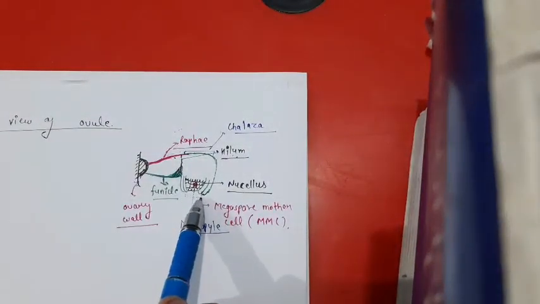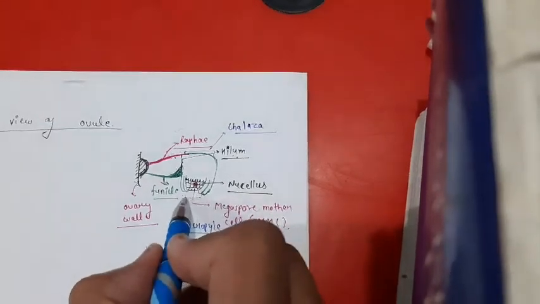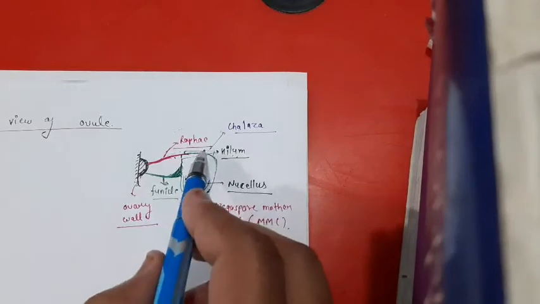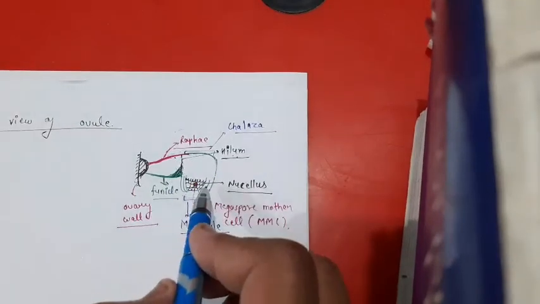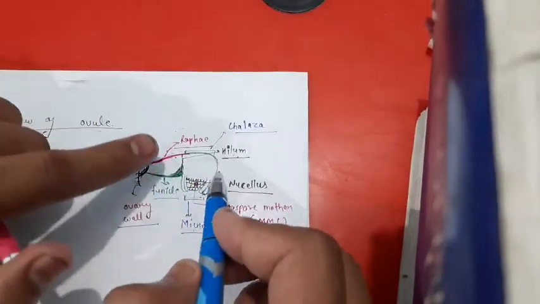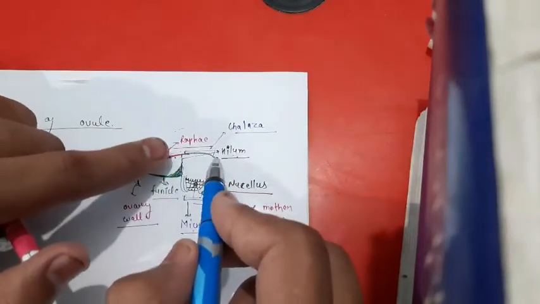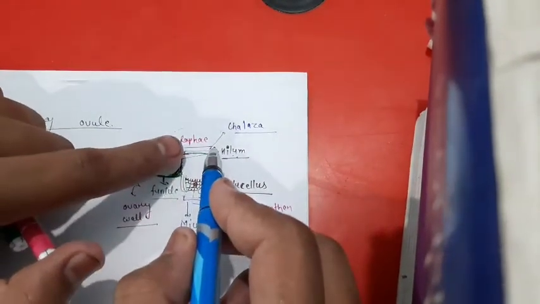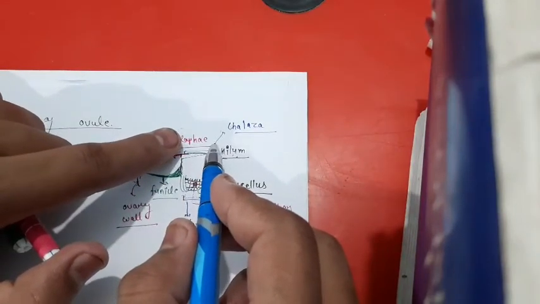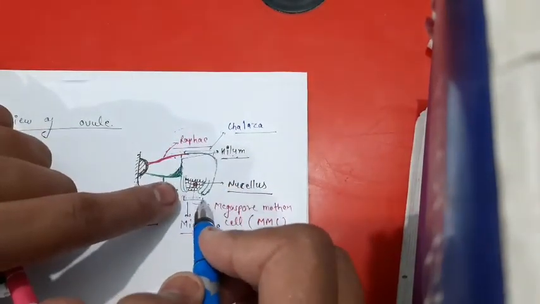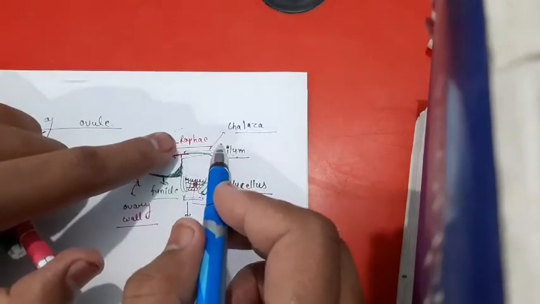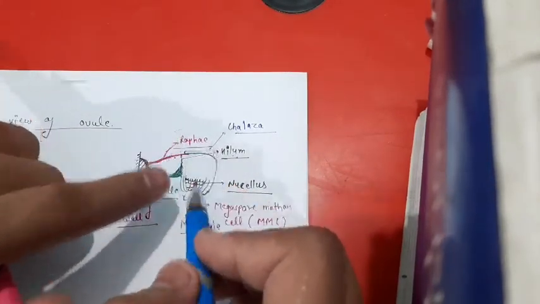Okay, friends, this part is called micropyle, and this part is called chalaza. Friends, if we rotate or reverse, means this part is on the upper side and this part is on the lower side, then the sides will change, means micropyle will be here and chalaza will be here. Okay.